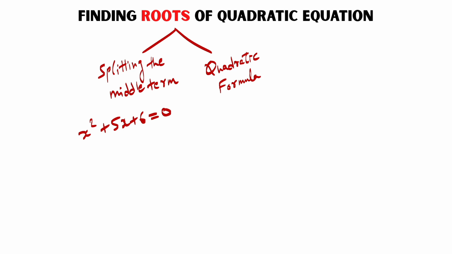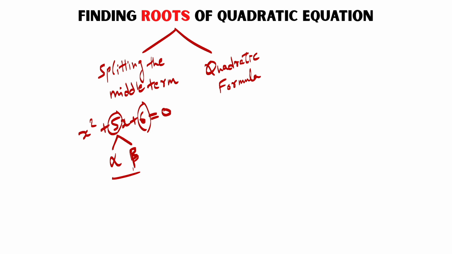Now, in the first method, which is splitting the middle term, let's say the two roots of the quadratic equation are alpha and beta, right? We must split these in such a way that alpha plus beta must be equal to 5, which is the coefficient of x, and alpha beta, the product of these two roots, must be the constant, which is 6 in this case, right?